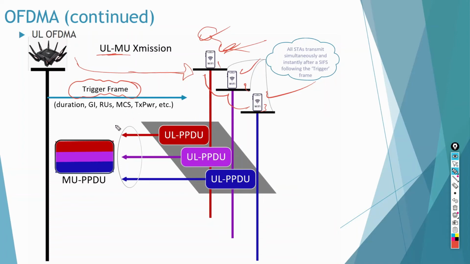Inside that frame, it tells the stakeholders about the duration, the guard interval, as well as the frequency resources assigned to each user, and the MCS value that the access point is expecting user 1 to use to send the data, which is not necessarily equal to the MCS value for user 3, for example.